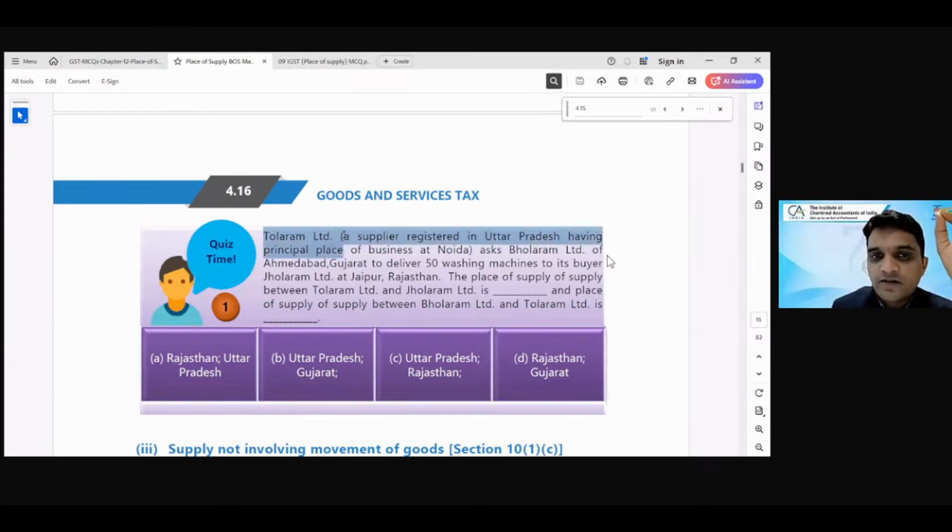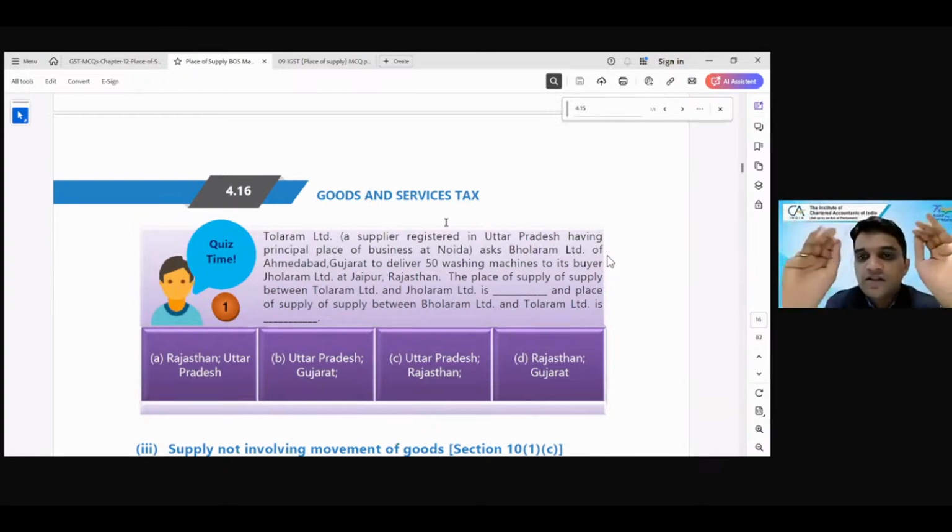Tolaram Limited is a supplier registered in Uttar Pradesh, having his principal place of business at Noida. He will ask Bholaram of Ahmedabad to deliver 50 washing machines to its buyer.